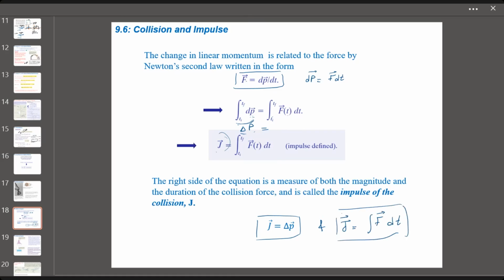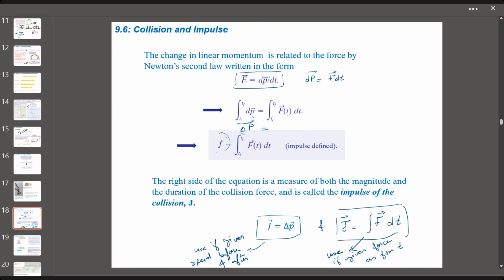If you have velocities before and after collision, you can find the impulse J using delta P. So I will use this if given speed before and after. I'll use this formula if given force as a function of time.